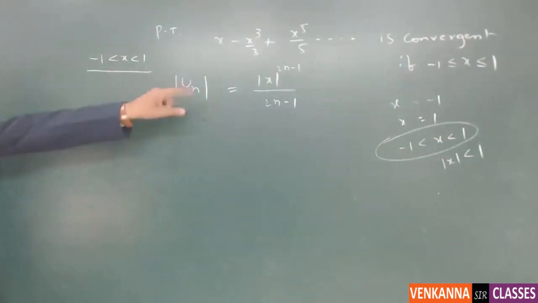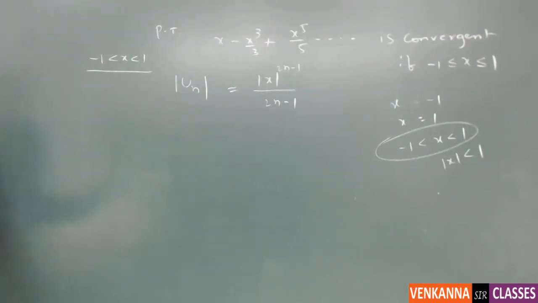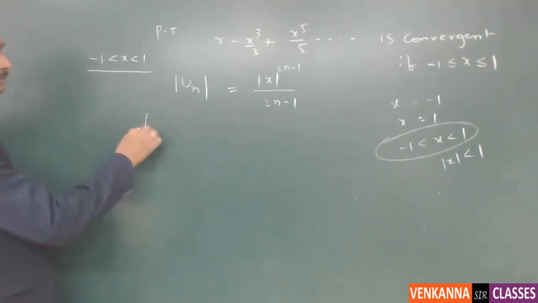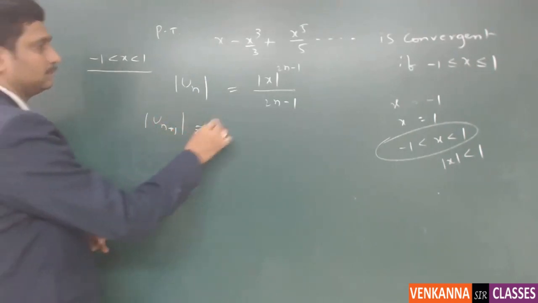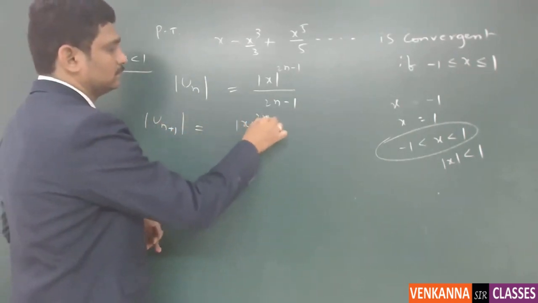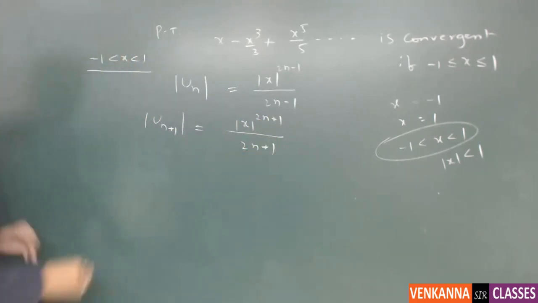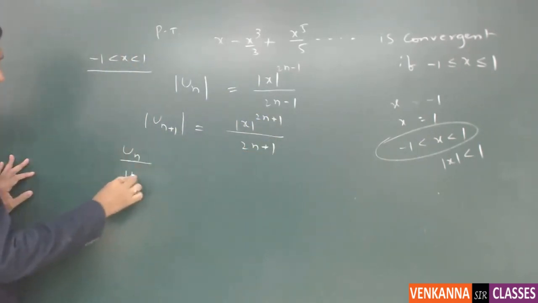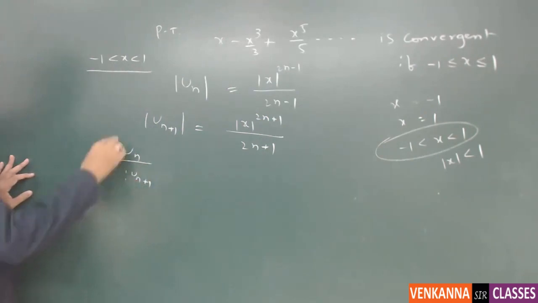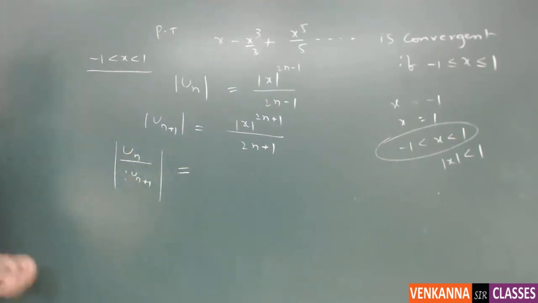Is it clear how to write the mod un value here? So if you write mod un plus 1, consider the ratio test.